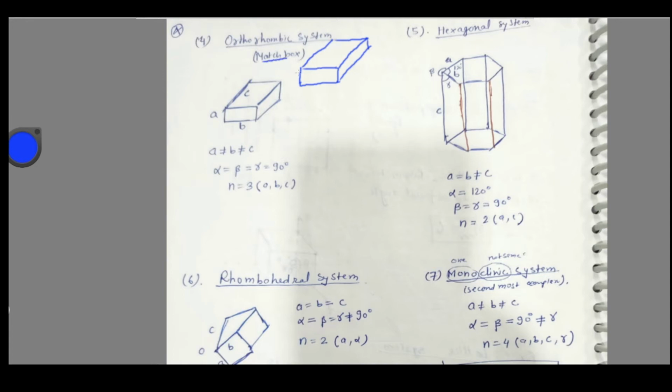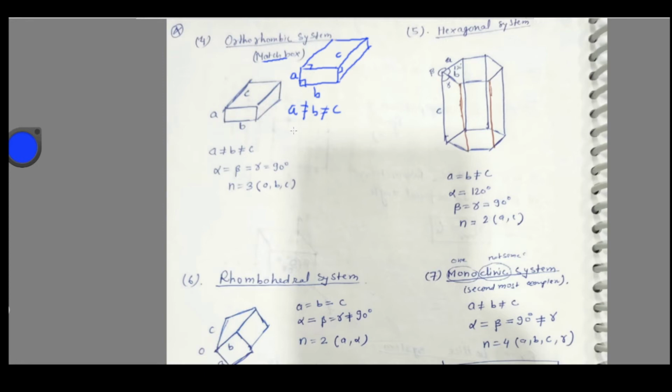So in matchbox, no side is equal, A, B, C. So A is not equal to B, not equal to C. And in the matchbox all angles are 90 degree.